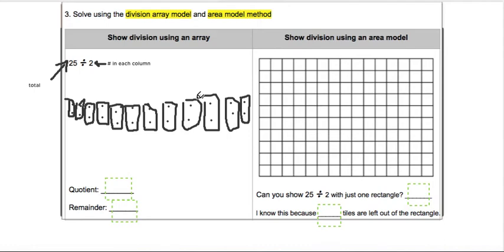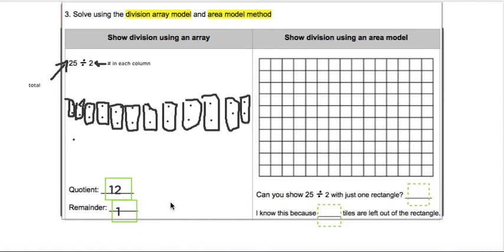So how many are not included in that column of 2? Good job, 1. In order to find the quotient, we're going to count the groups. Go ahead and count your groups. How many groups do we have? Good, 12. And how many are left over? What's our remainder?